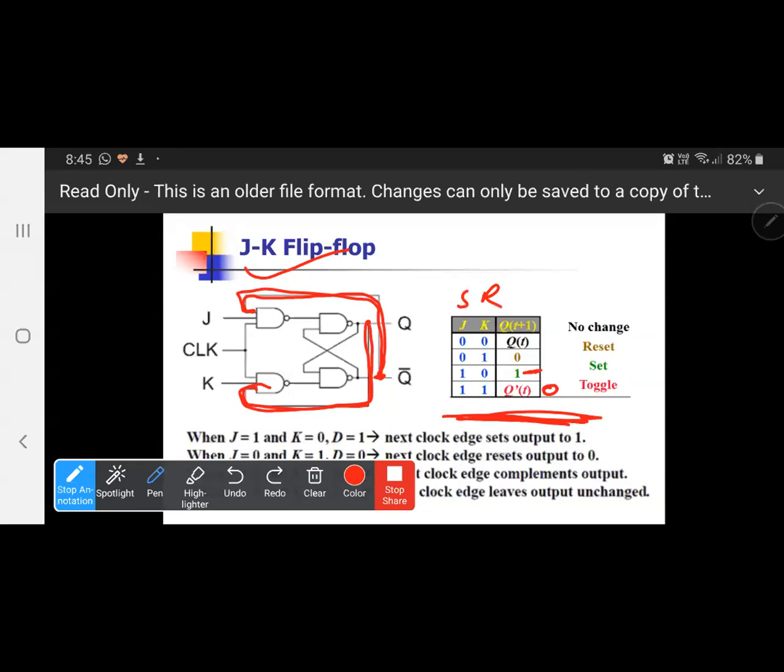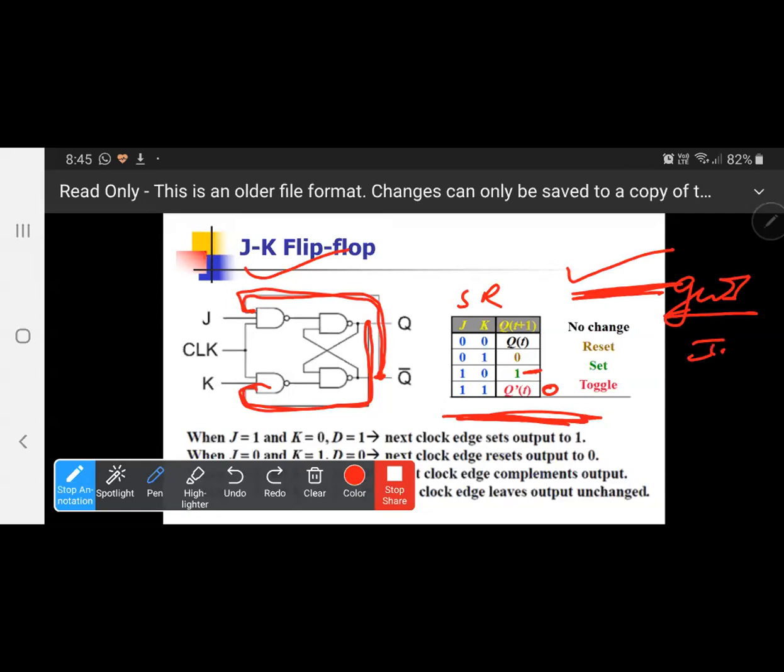So this is not a new circuit. You can say it is the updated version of SR, where we removed the condition which is called invalid. So we should always use this JK. This is a really good one because there is no invalid condition.